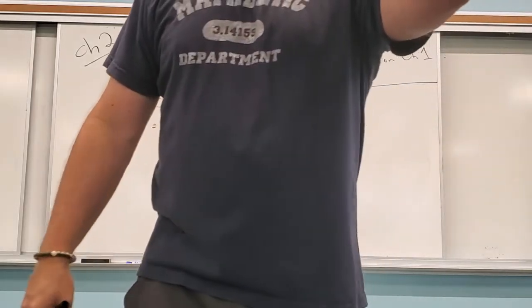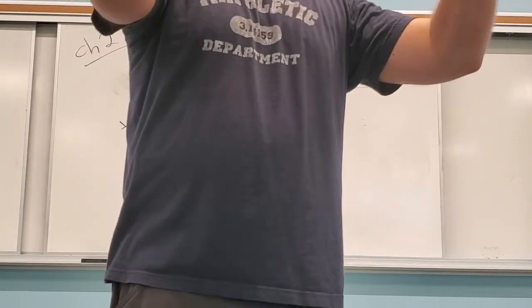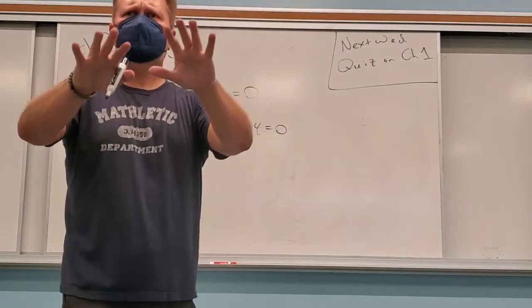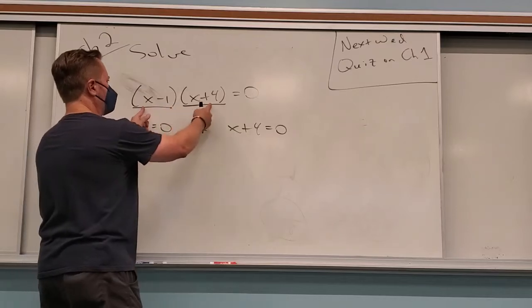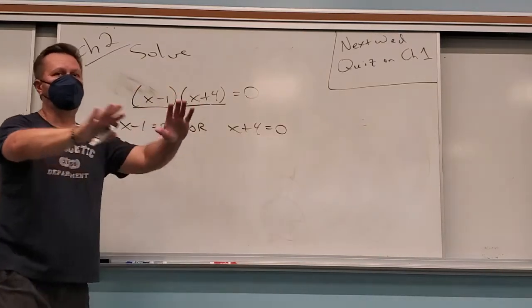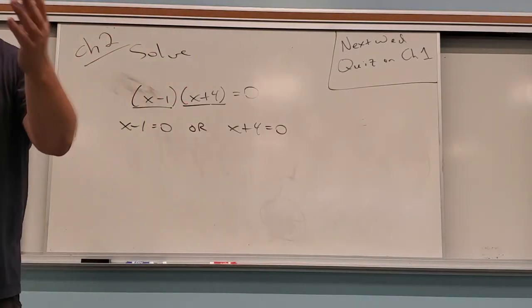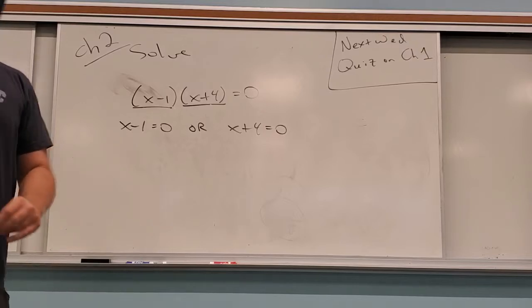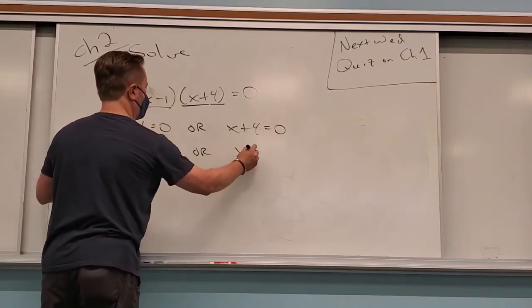But if it's 0, no guessing. I really want this to make sense. Are you guys cool with what just happened? So two numbers multiply to 0. Either this first number is 0 or the second number. That's the only way this thing works, right? If neither of them is 0, it's not going to be 0 as an answer. So what does this give you? 1 or -4.